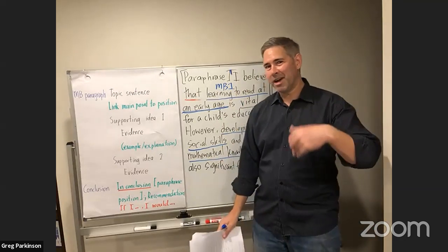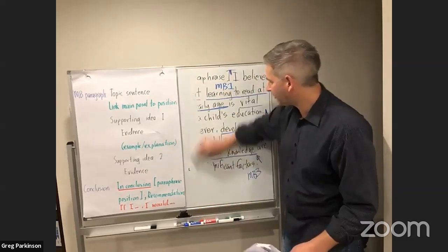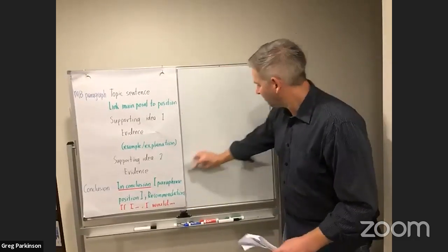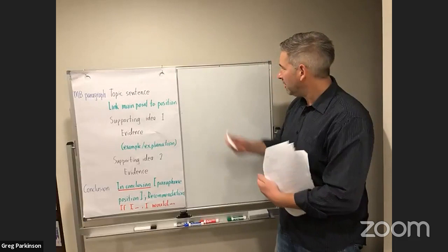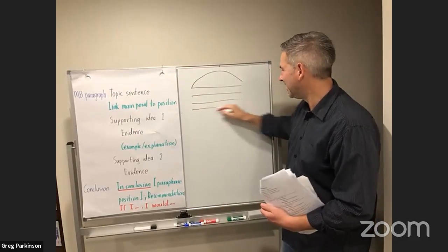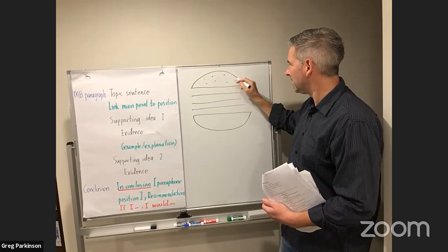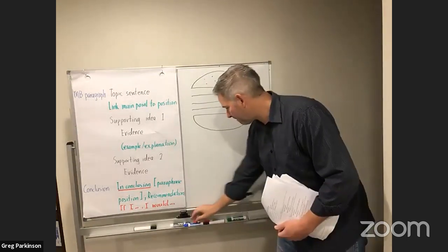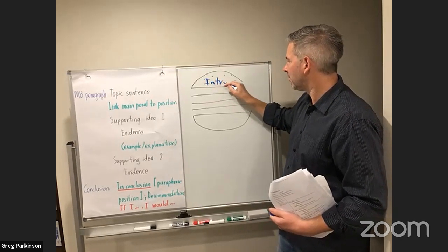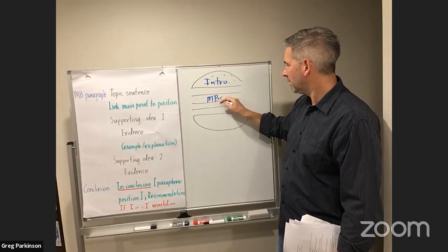So, a nice way to think about English writing, I'll put this up. It's a hamburger approach. Maybe some of you have seen this before, but you're going to get an insight into how bad I am at art. So this is a hamburger, apparently. Some sesame seeds. So introduction, we'll just say intro, main bodies, and conclusion.